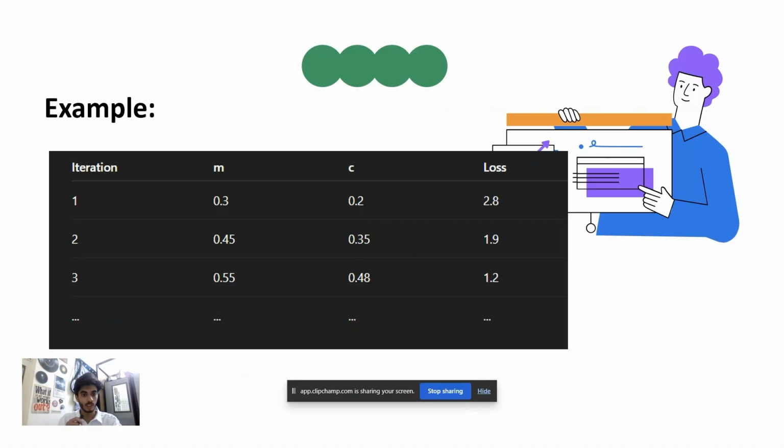For the second iteration, m is equal to 0.45, c is equal to 0.35, and loss is 1.9. For the third iteration, m is equal to 0.55, c is 0.48, and loss is 1.2. So here we can see that the difference in loss between the first and second iteration is higher compared to the difference in loss between the second and third iteration, and we continue this until the difference in loss is not very high.